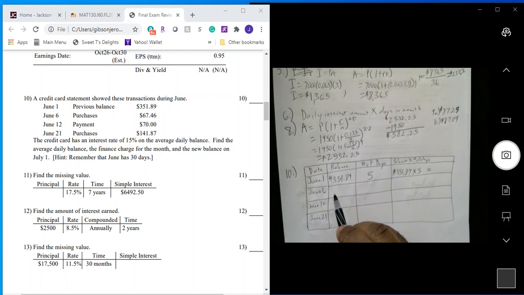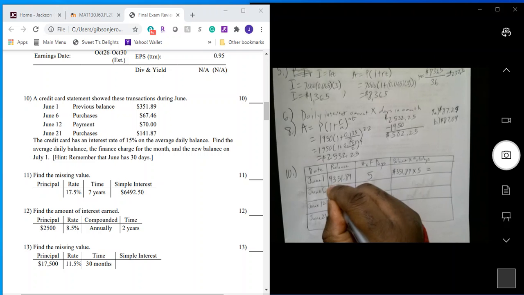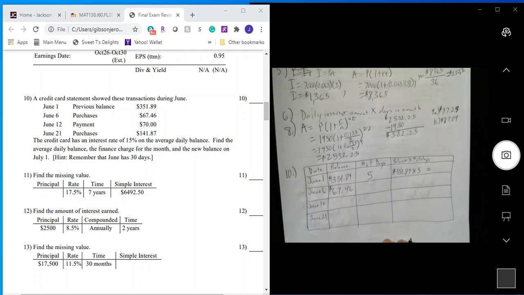Now we come here on the 6th. They said we made a purchase of $67.46. So if we made that purchase, oh, you know what? I was supposed to add that. Let me add that real quick. So that was a little mistake on my part.